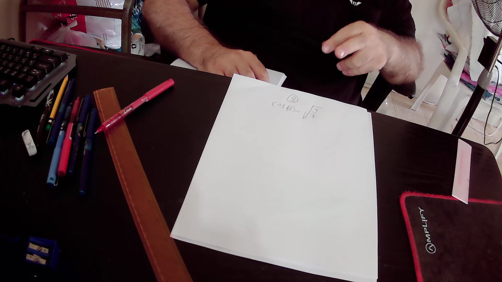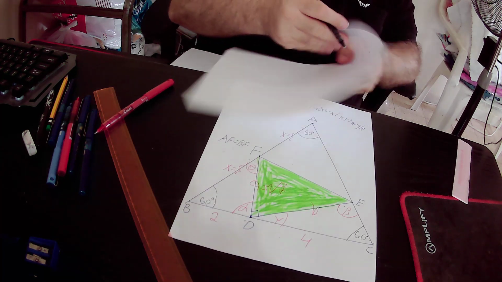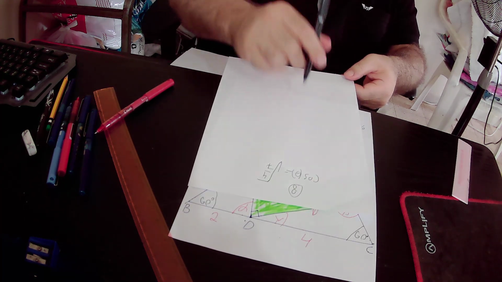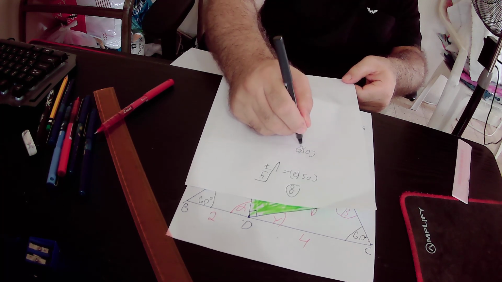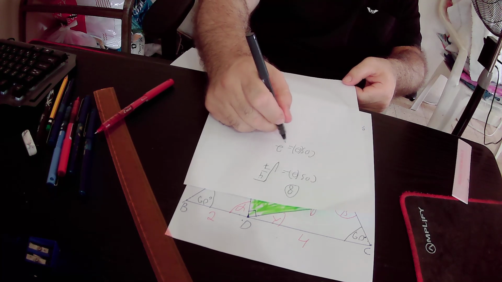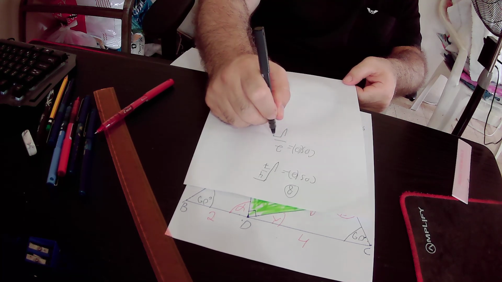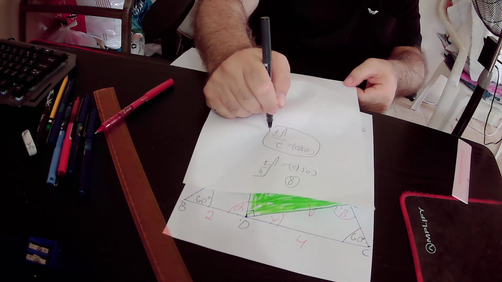The root of 4 is 2, so cosinus theta equals root 4 over root 7, which is 2 over root 7. So we found out the value of cosinus theta.